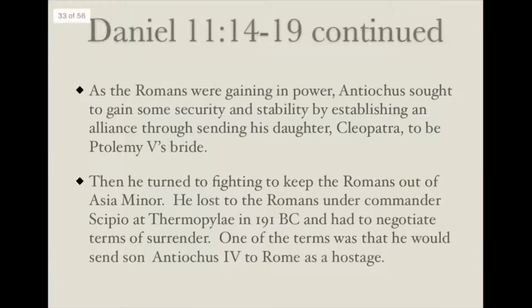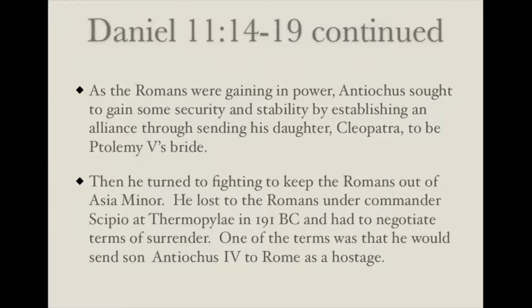And understand that Palestine and Jerusalem were located as a border between the Seleucid kingdom and the Ptolemy kingdom. So it was a pretty strategic territory, and also one for commerce.